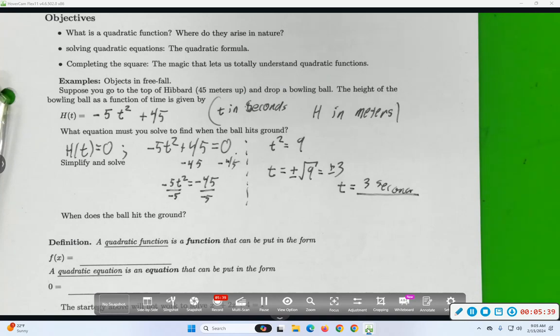But 3 seconds before you drop the ball, you were probably carrying it to the edge of the roof. This model, if you use negative time, doesn't have you dropping the ball. It has you standing at the roof, the ball flying up to you, and then you drop it, which isn't what happened.